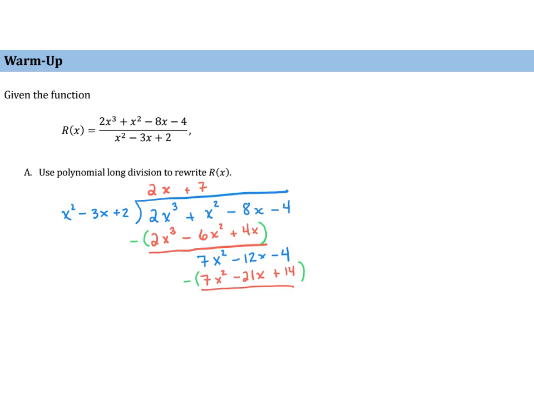Negative 12x minus negative 21x will be a positive 9x. And negative 4 minus 14 is minus 18. And so we obtain r of x equals 2x plus 7. That's the quotient, plus the remainder over the divisor.